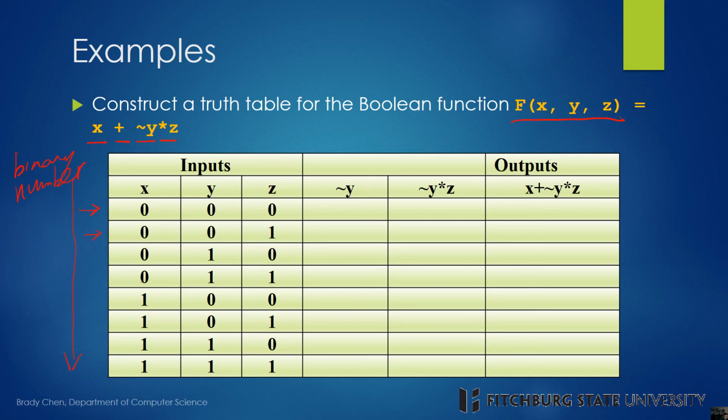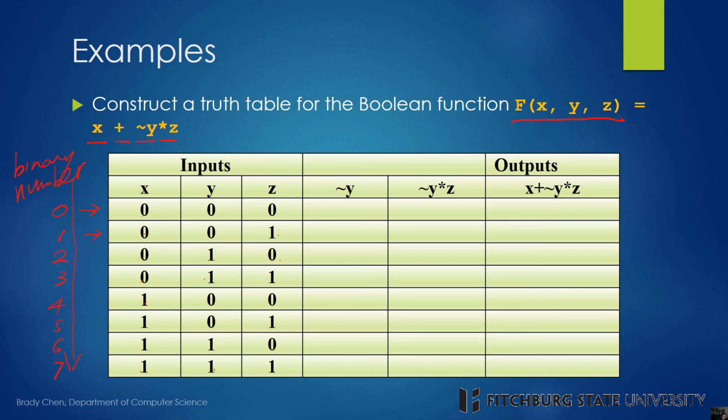All 0 basically means 0. This 0, 0, 1 means 1. 0, 1, 0, that means 2. 0, 1, 1 is 3. Then 1, 0, 0, that's 4, 5, 6, and 7. 7 is 1, 1, 1. In that way, we're not going to miss any of the combinations of x, y, and z.